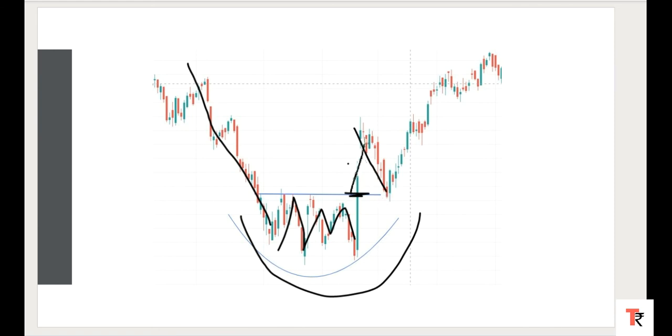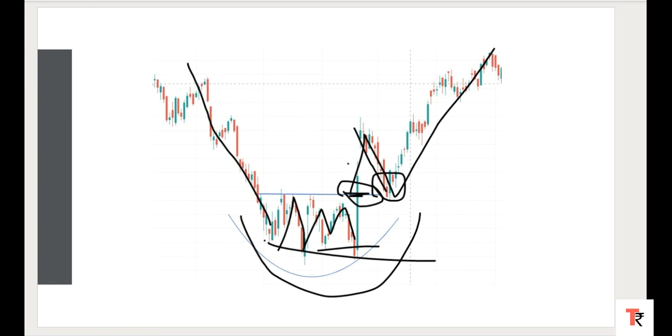After it went up, it gave a pullback again to the neckline, and then it moved up. So this is how a rounding bottom would reflect. This is again a bullish reversal pattern. One can go long at this level and keep a stop loss at the bottom of this, and wait for it.